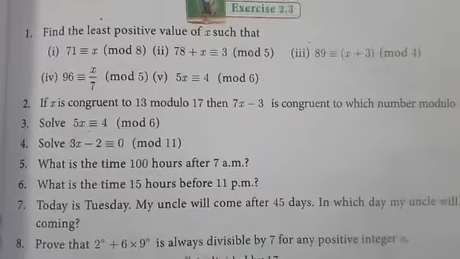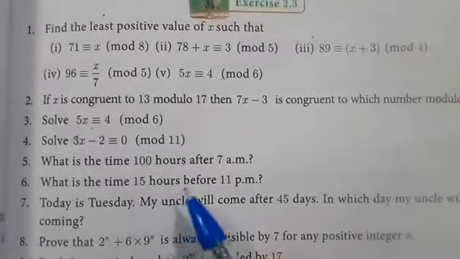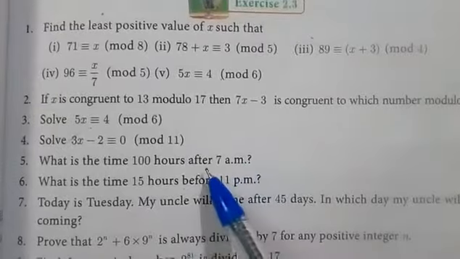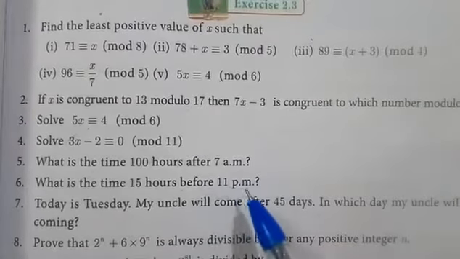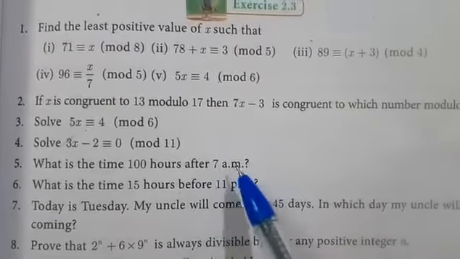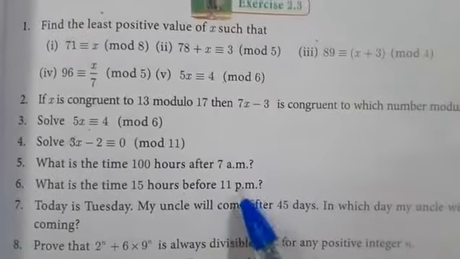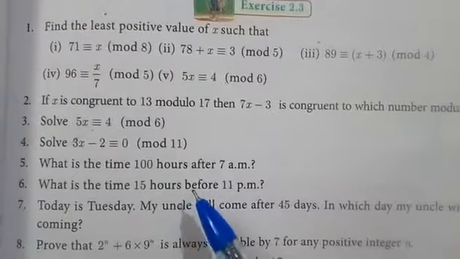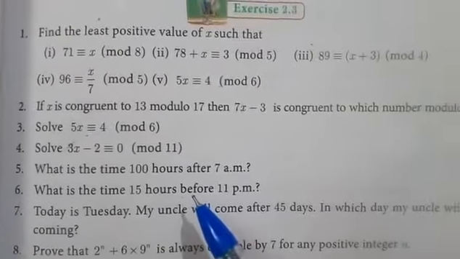Now the sixth problem. What is the time 15 hours before 11 p.m.? In the previous problem it was after 7 a.m.; here it is before 11 p.m. So there we use addition, here we use subtraction, that is 11 minus 15 congruent to x modulo 24. Why 24?